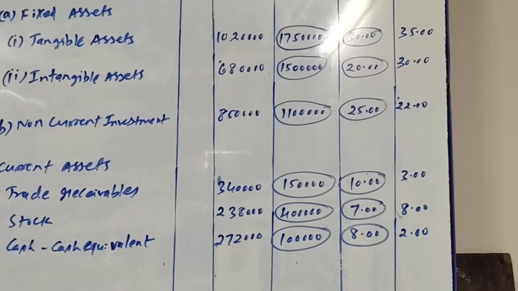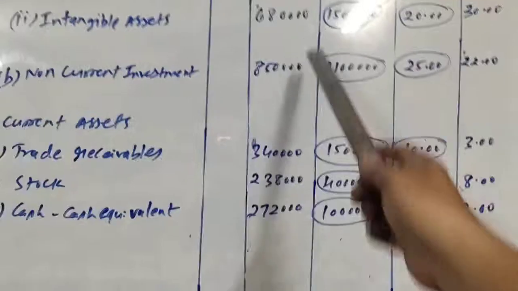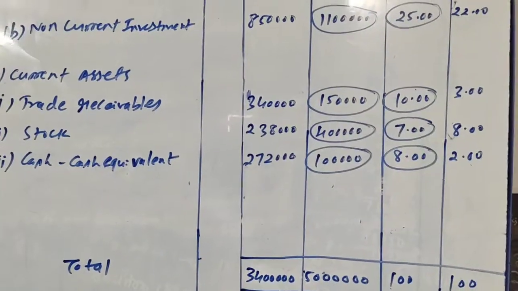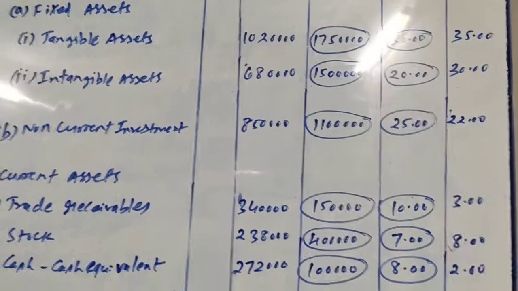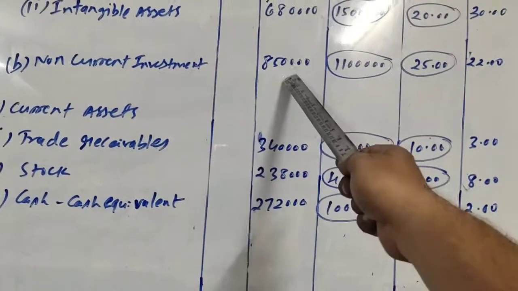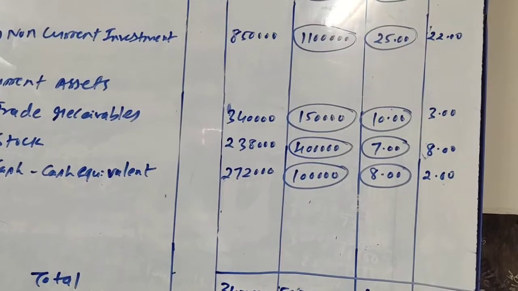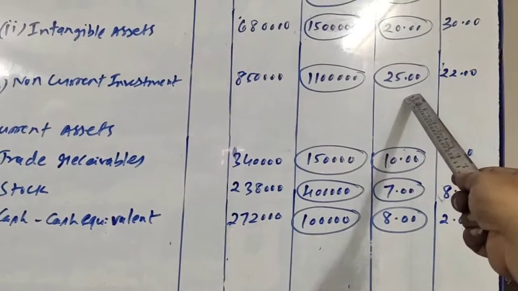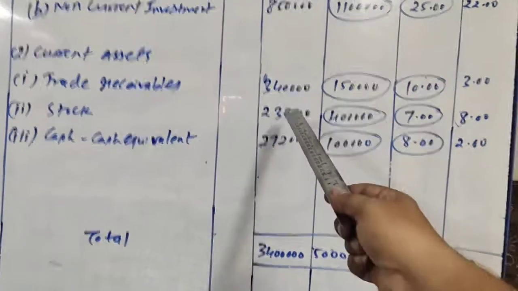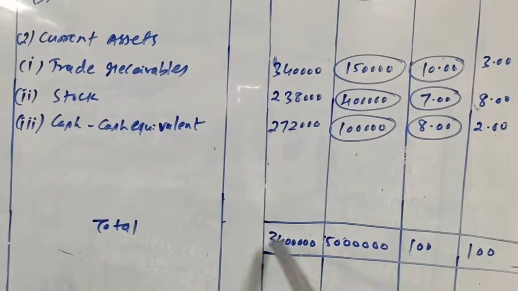Then intangible assets are given 6,80,000 out of 34 lakh. So 6,80,000 upon 34 lakh into 100 will give us 20%. Non-current investment is given 8,50,000 divided by 34 lakh into 100 will give us 25%. Trade receivables given to us 3,40,000 out of 34 lakh.